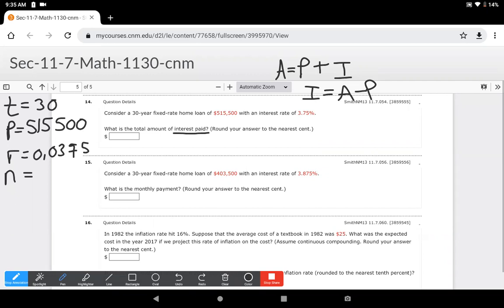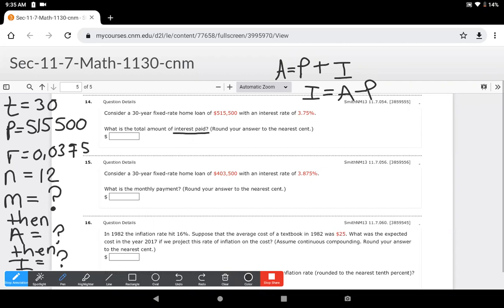So N will be 12 here, so that we can first find M and then find A and then find I. Okay, so that's the path for 14.